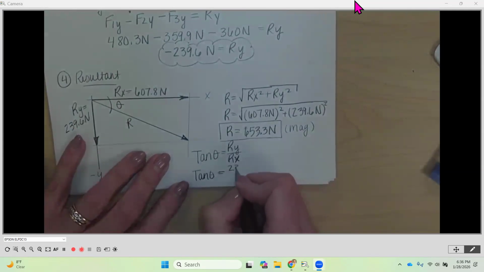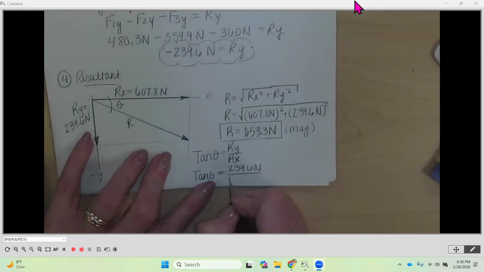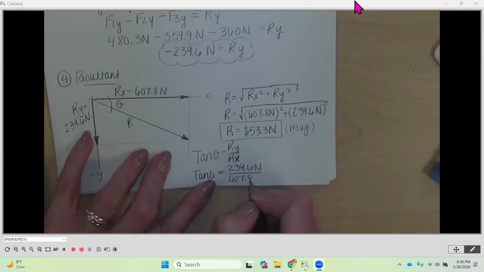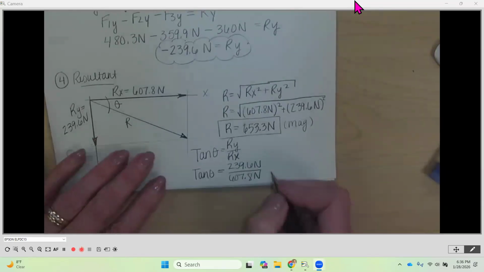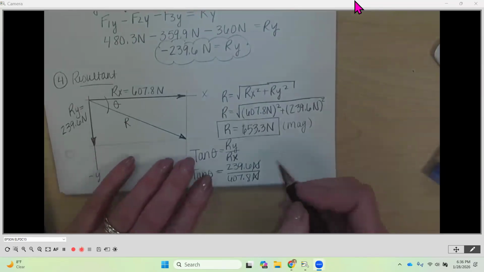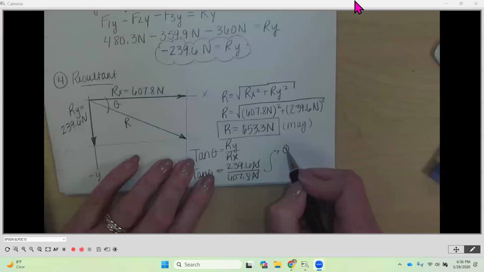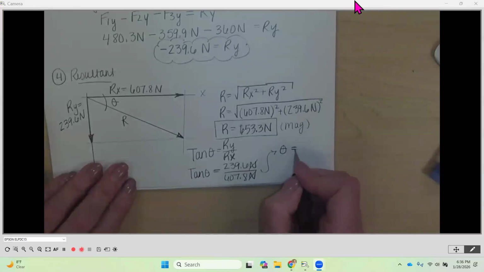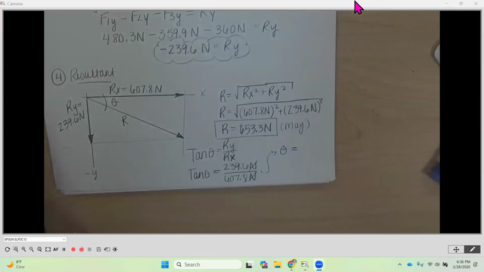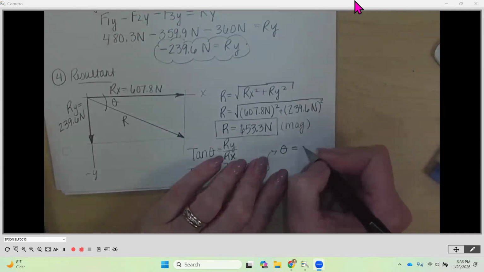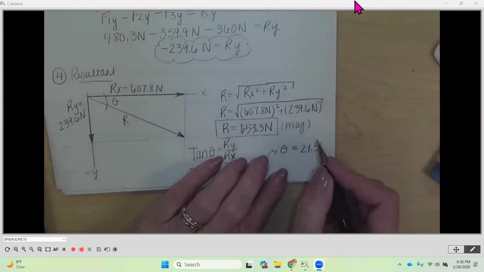My ry is 239.6 newtons, and my rx is 607.8 newtons. Newtons cancel. And my theta, you get 21.5.